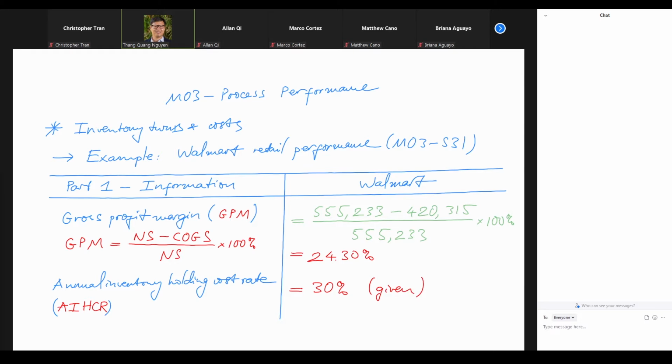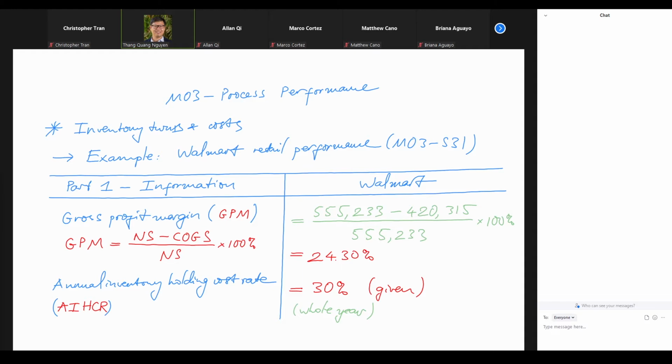Remember, this is for the whole year. So it means that if we hold on to $1 on the shelf for 1 year, the holding cost is 30 cents, right? 30 cents out of $1 is 30%. So that's the number that we have to assume.